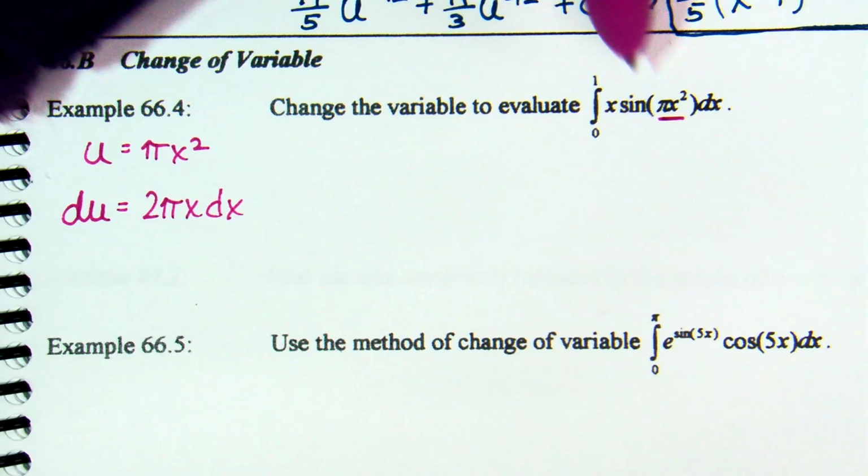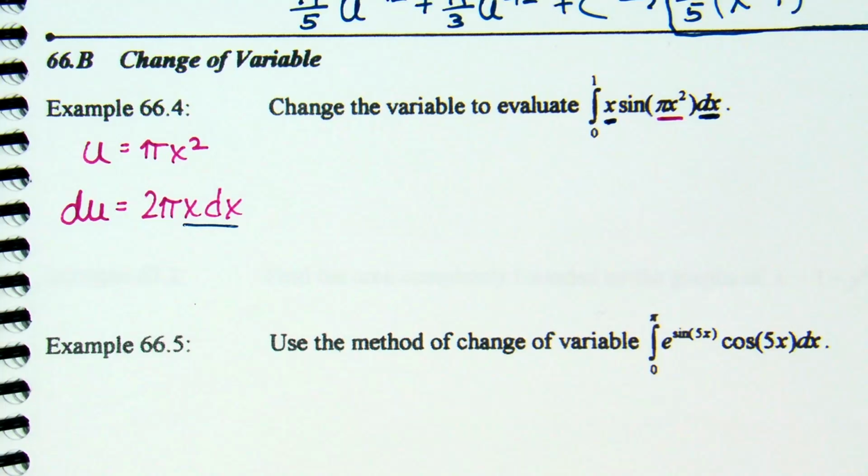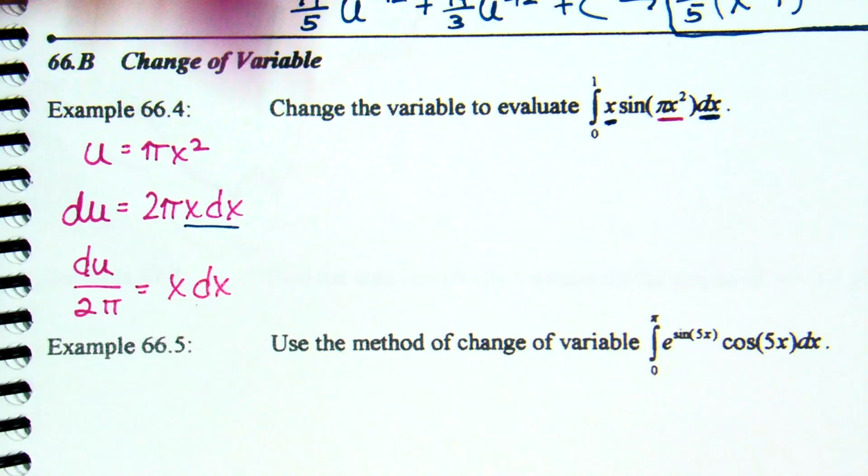X and dx are going to be covered by the du, yes? What's the part that's not covered? The 2 pi, so what have I been doing with the 2 pi? Dividing it over. So du over 2 pi is x dx.